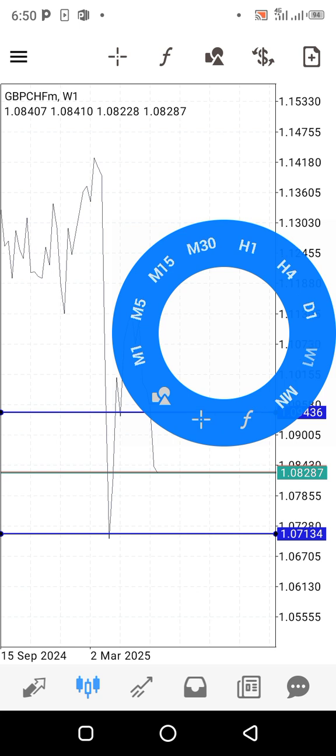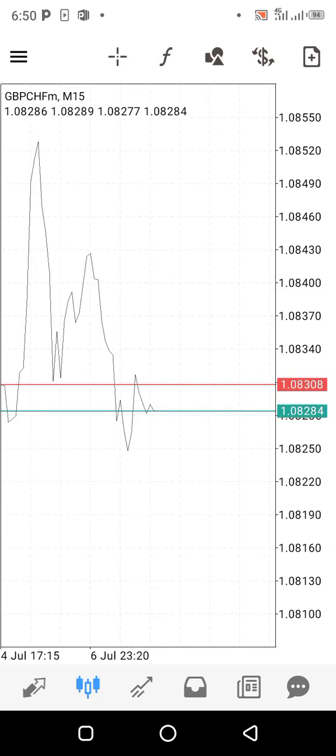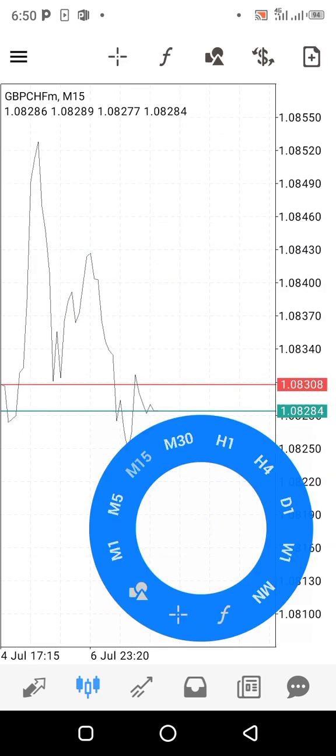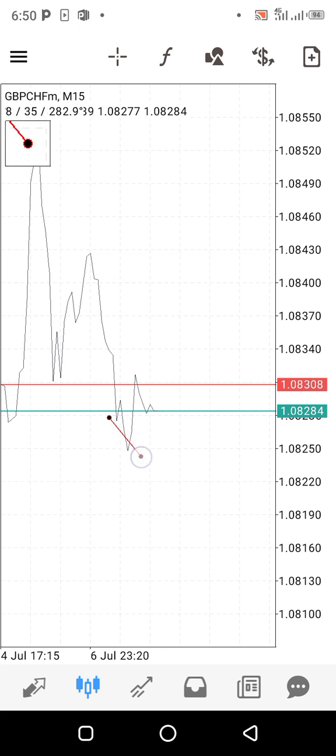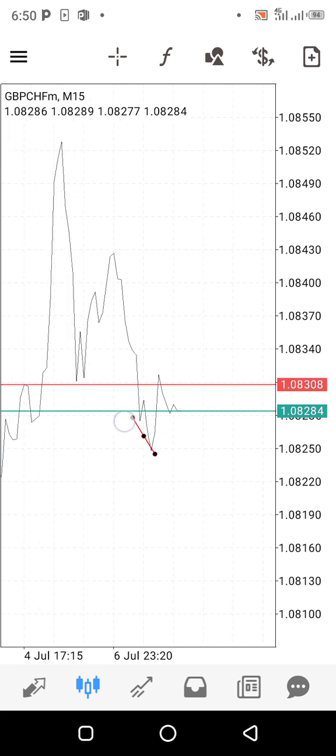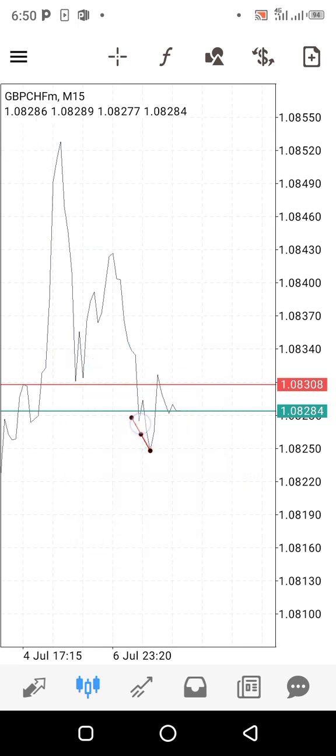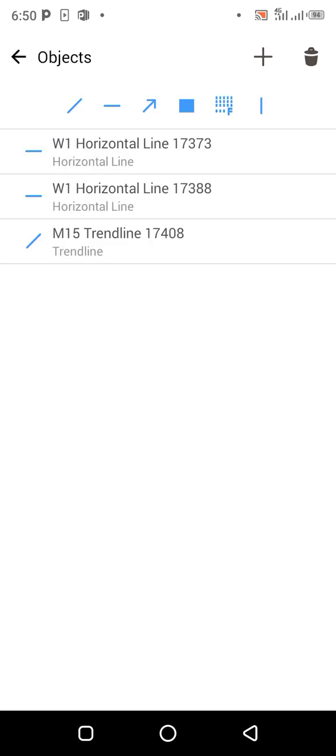So yeah, that's it for GBP CHF. We are selling, but you have to sell with caution. Already here we have another QM. We have a lower low, then you have a higher high.